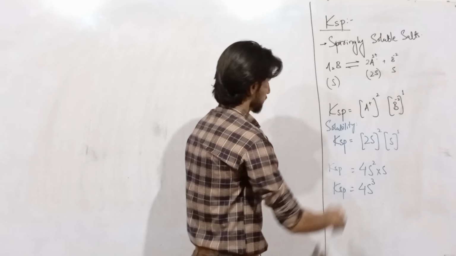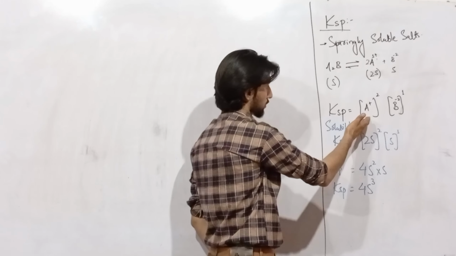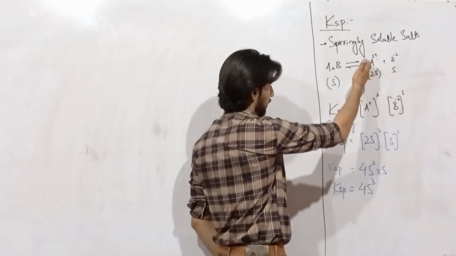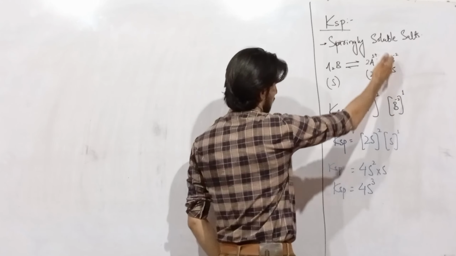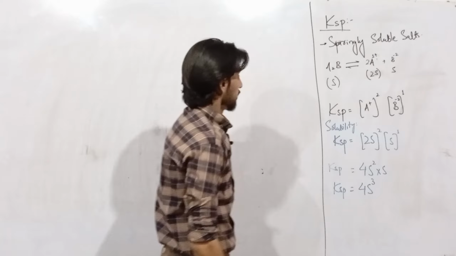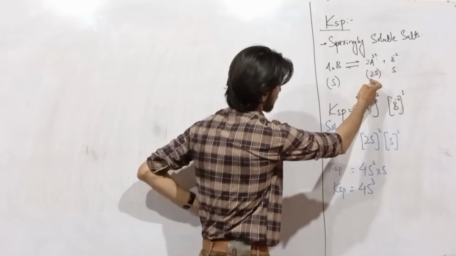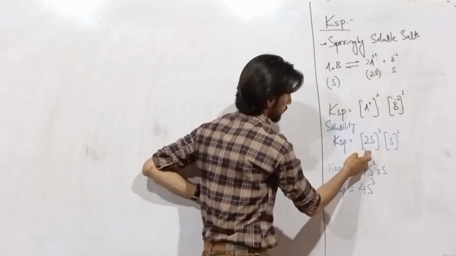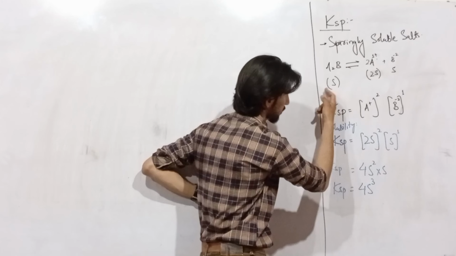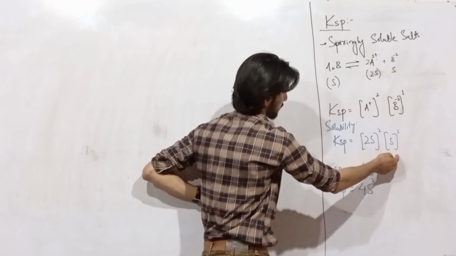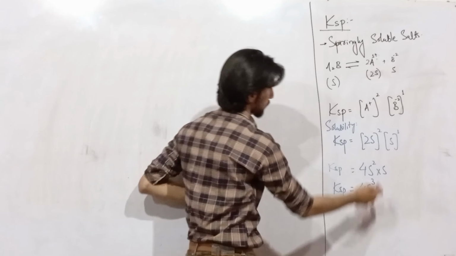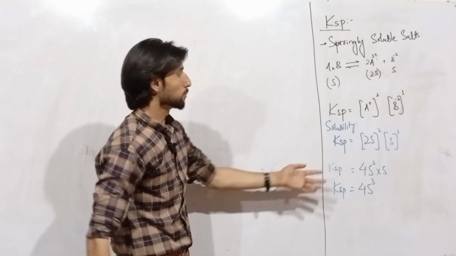Again, both the cation and anion have their respective coefficients as powers of their concentration. So the concentration of A to its power, the concentration of B to its power. The concentration of A is 2 times the solubility of the salt, and the concentration of B is 1 time the solubility. So I'll put both values in.